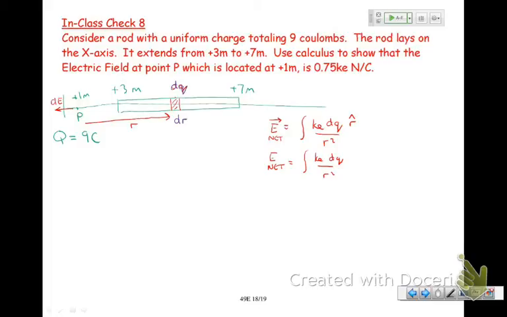So I'm talking about that there. And I can say that my little bit of charge is equal to the little bit of width times how much charge per meter, the linear charge density.